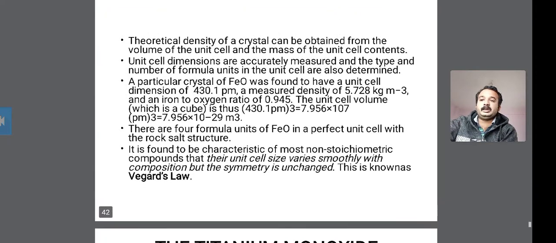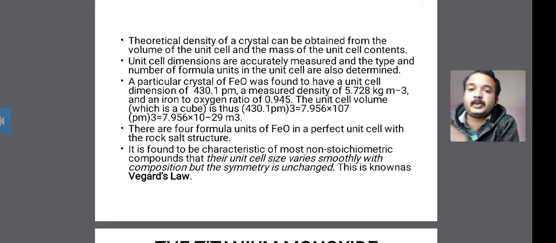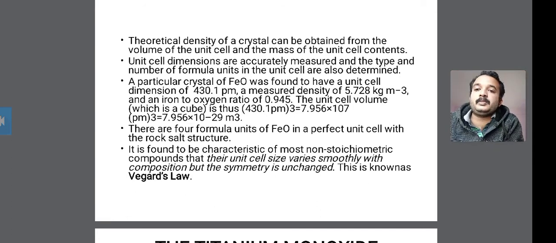The next point is the theoretical density. The theoretical density of the crystal in this oostide, FeO, can be obtained from the volume of the unit cell and the mass of the unit cell contents. The volume of the unit cell and the mass contained in the unit cell give the theoretical density of the crystal.